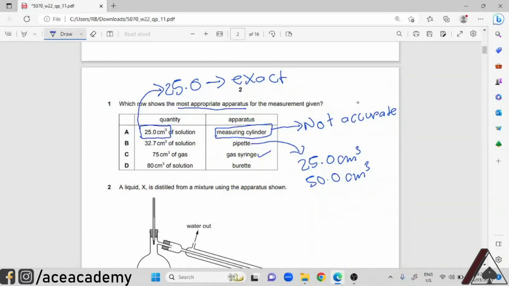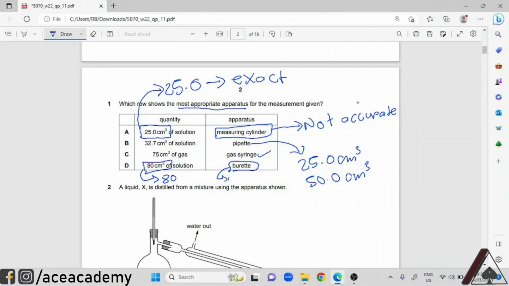One thing to note over here is that with the 80 cm cube, the 0.0 is not there, right? It's just plain 80 cm cube of solution. This represents that they do not want an exact volume of a solution. They just want an approximate 80 cm cube of solution. But in a burette, we know that burette is well known for its exact measurements, for its accuracy.